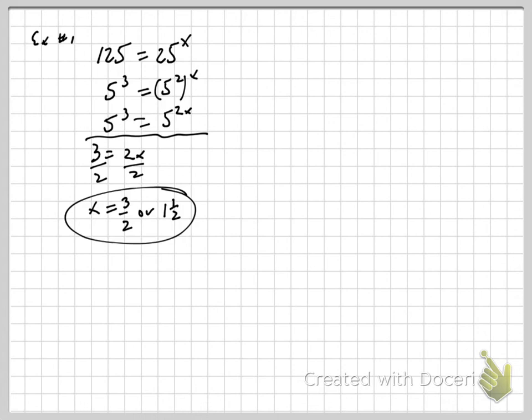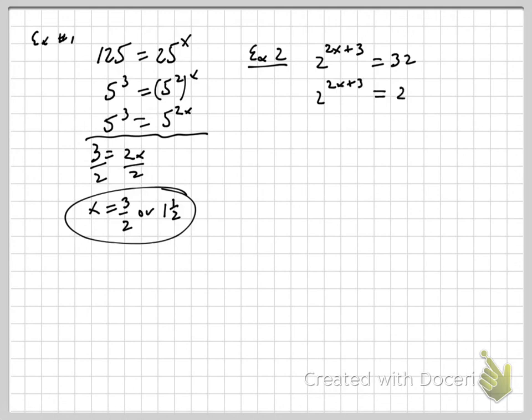Alright, so there's another example like the one I just did. So example 2 that I want to do is this one. It's 2 to the 2x plus 3 is equal to 32. There's nothing to do to the left side, so I'm going to recopy that.